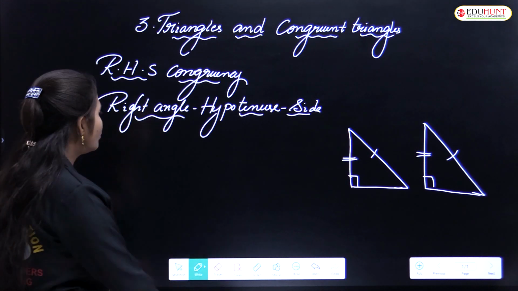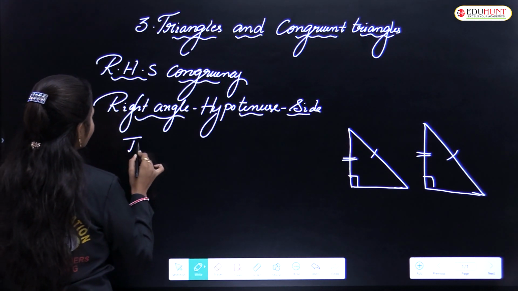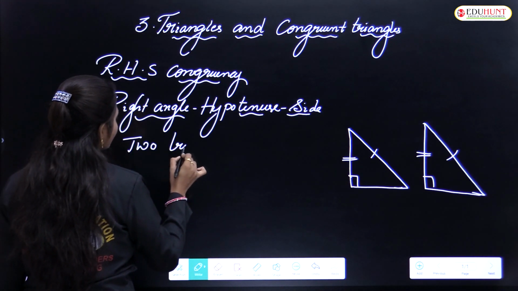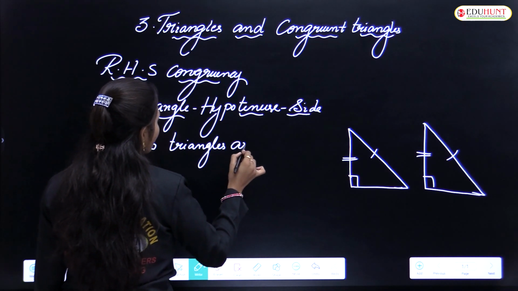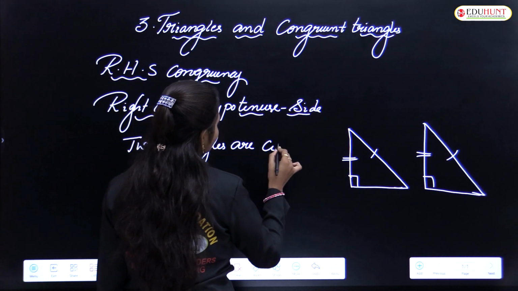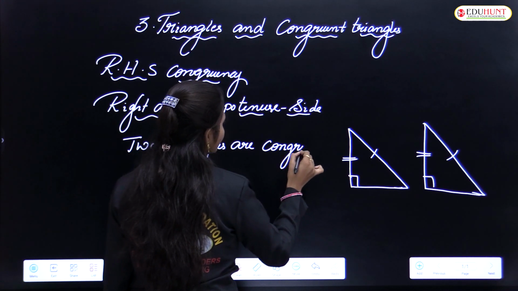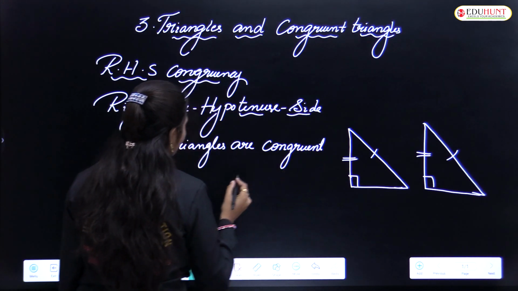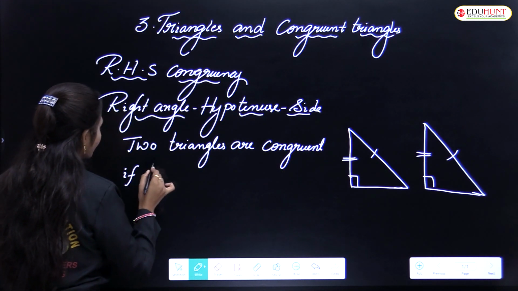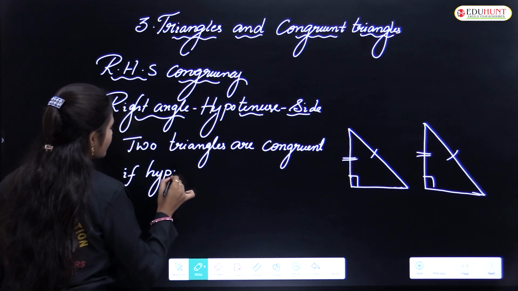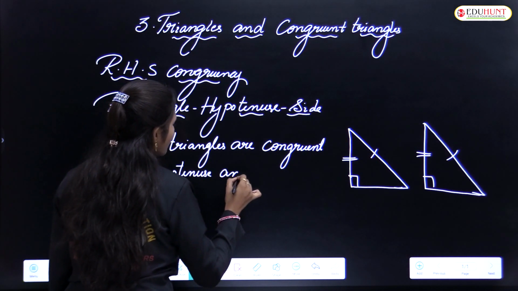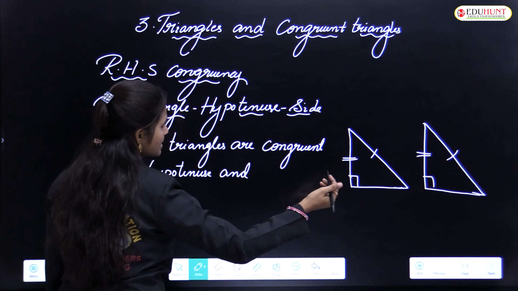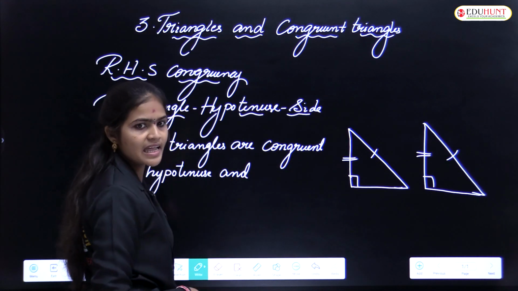So what about that? Two triangles are congruent if the hypotenuse, and one of the sides of a triangle are equal to the hypotenuse and the other corresponding side of the other triangle. Already we know that by seeing only, we can say that the 90 degrees and 90 degrees angles are equal, no?